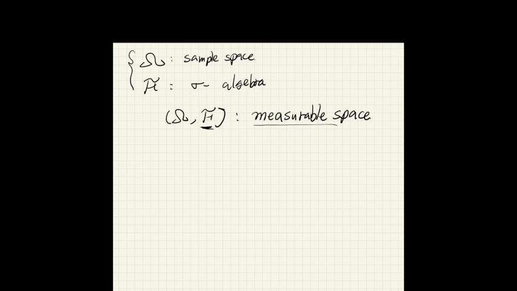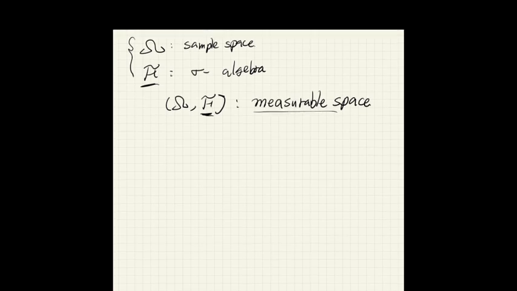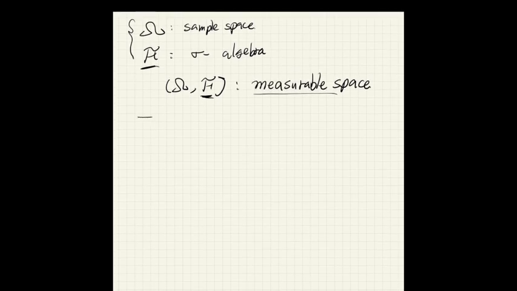Well, it may sound too abstract, so let us consider an example. In the previous example, this algebra contained all the subsets of omega, but there are examples of algebras or sigma algebras that do not contain all the subsets.